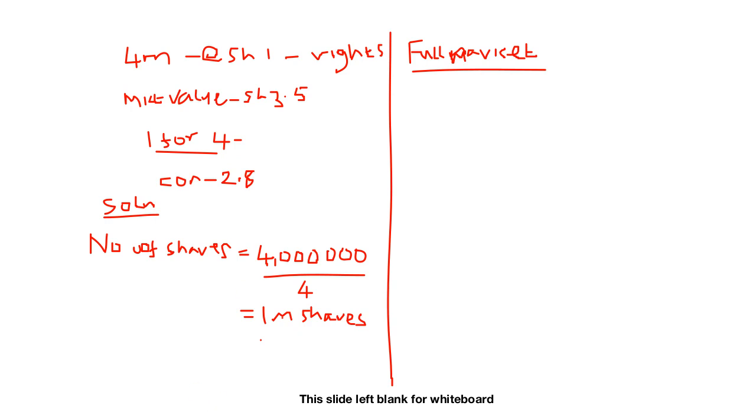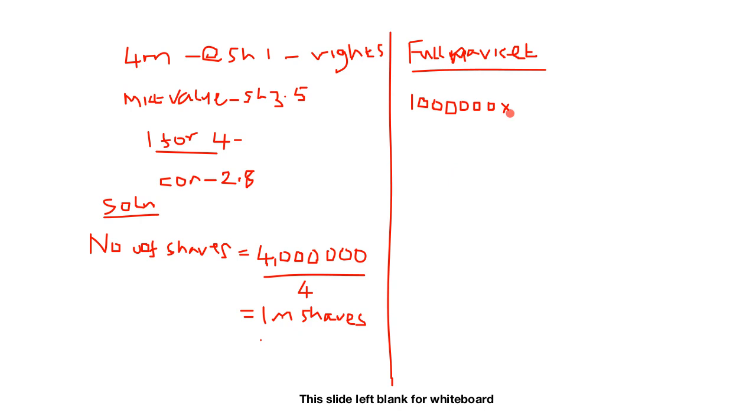To determine the number of shares to be issued at full market price, we take the 1 million, the number of shares that are to be issued during the rights issue, which we calculated by dividing the 4 million shares by 4.